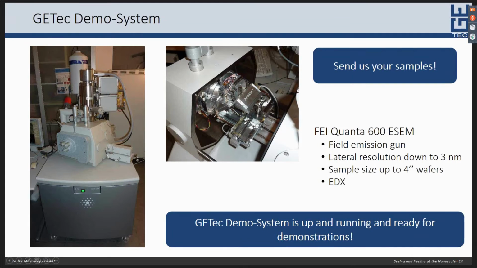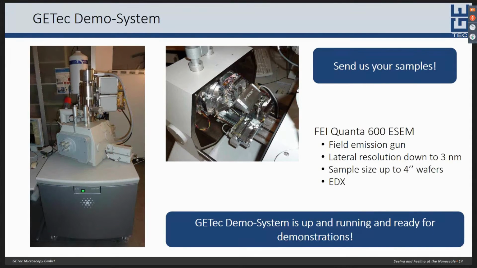All experiments which you will see next are conducted with our SEM demo system, the FEI Quanta 600 ESEM, which is equipped with a field emission gun. Most importantly, it provides EDX capabilities for chemical analysis and is able to handle large samples as, for example, 4-inch wafers.